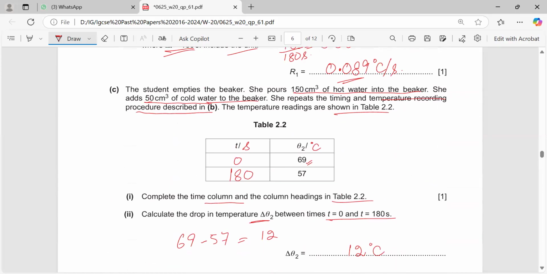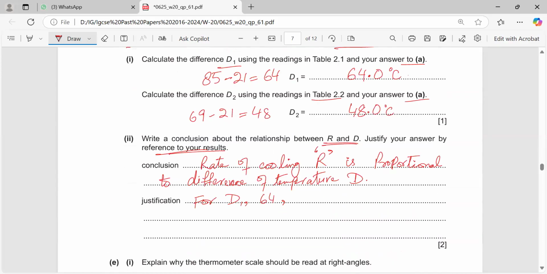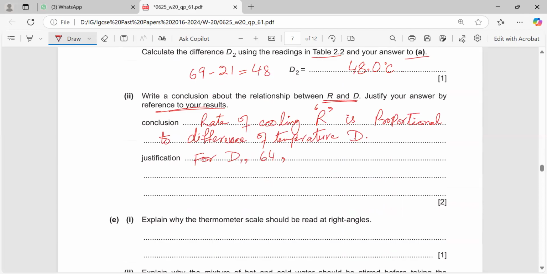So what can I write? Here we can write, for D1, which is 64, the rate of cooling R1, roughly I'm writing 0.089, but don't forget to write the unit degrees Celsius per second. And also here, write the unit degrees Celsius like this.